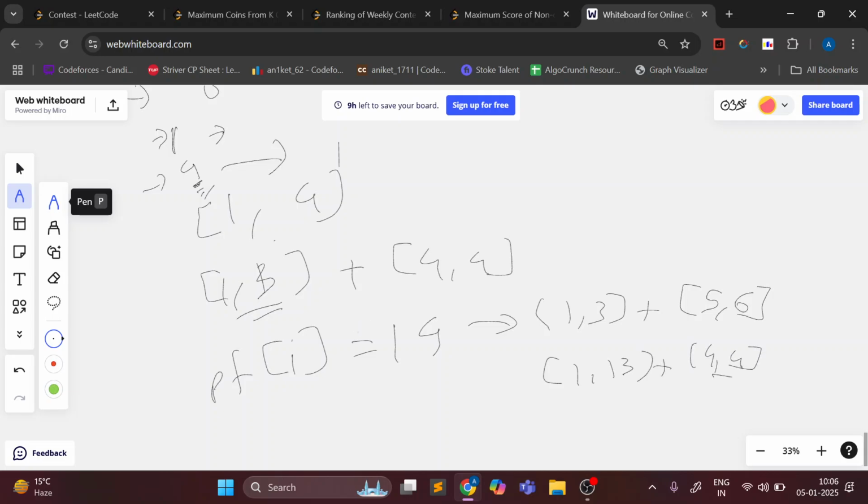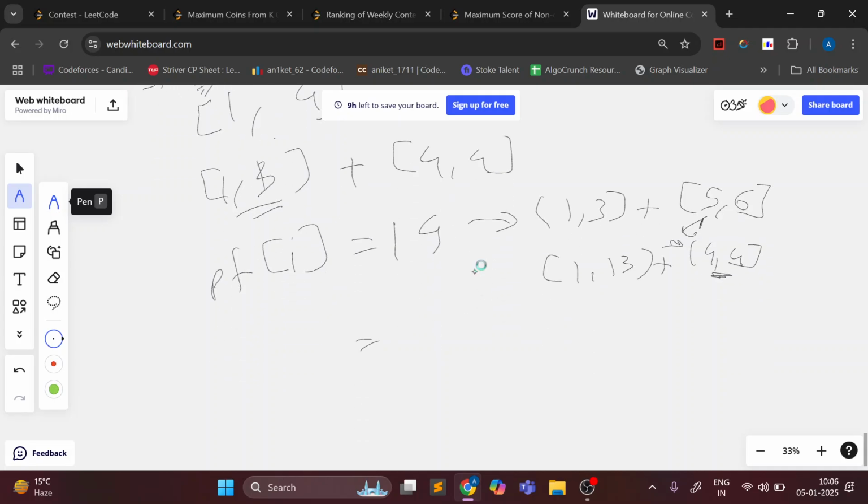Now how can we remove this and get this? We basically need to remove the contribution of the interval 4 to 6. So to remove the contribution of 4 to 6, we need to again separate this subsegment. 4 to 4 is 0, 5 to 6 is 8.